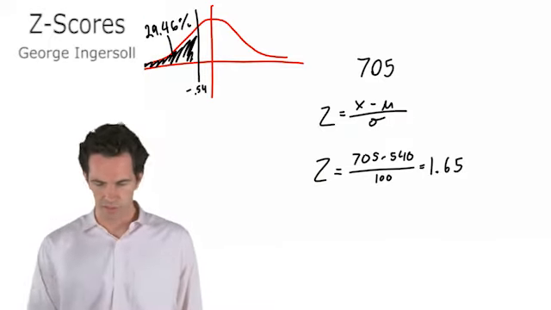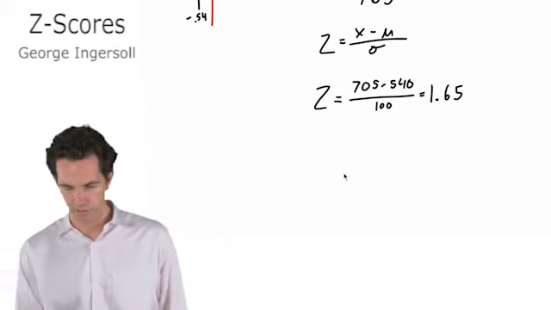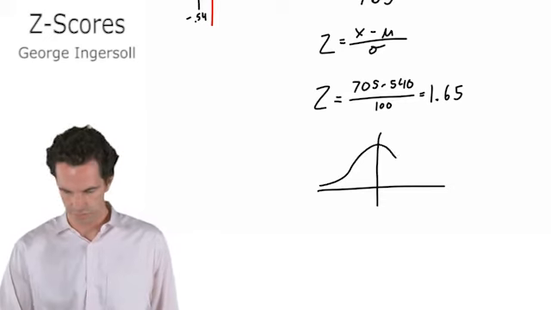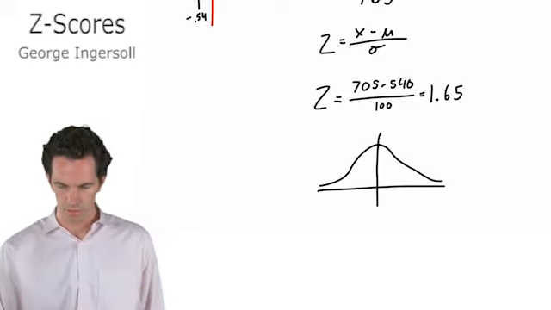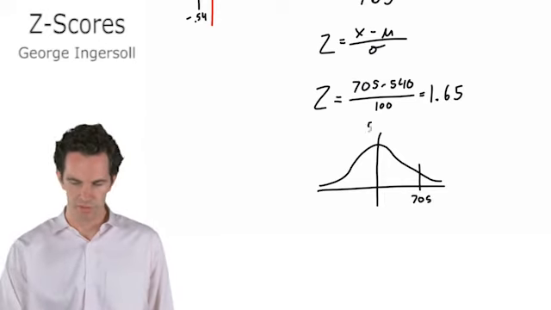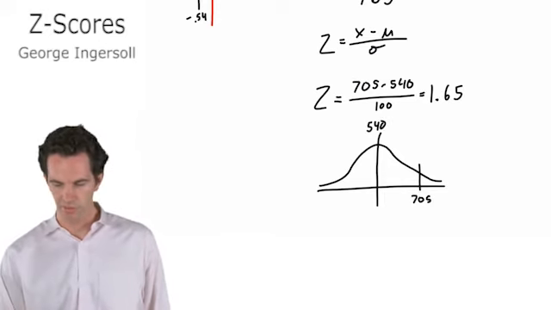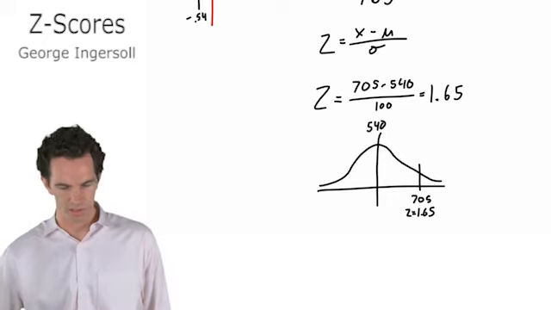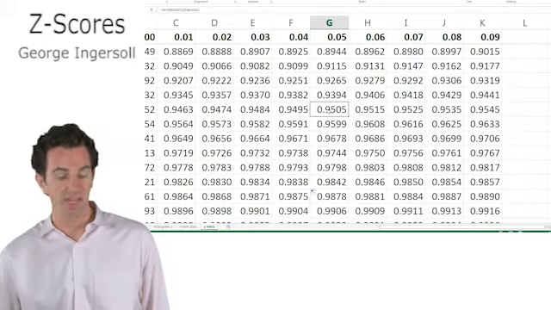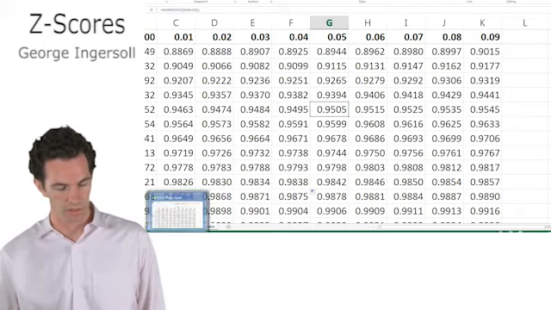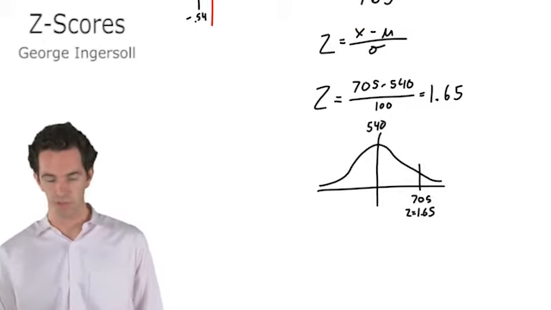So I'm going to go ahead and make another graph here. 705 is out here, 540 is here, and 705 has a z value of 1.65, and our z table just told us that 95.05% of the results were to the left of a z value of 1.65.